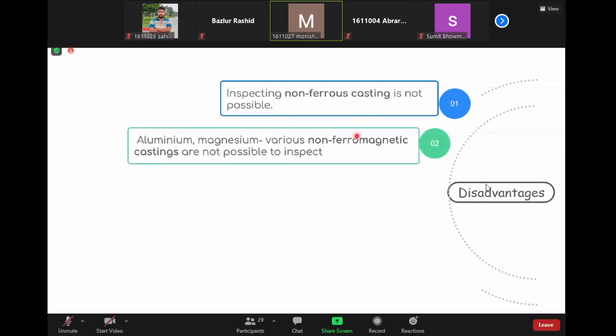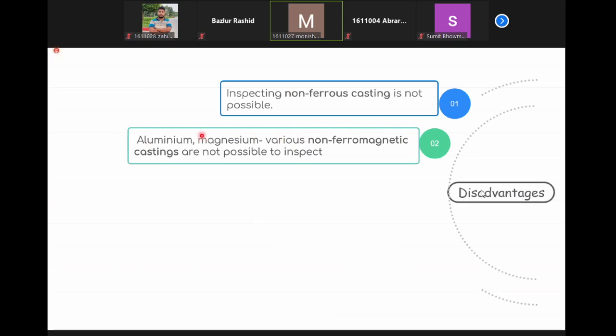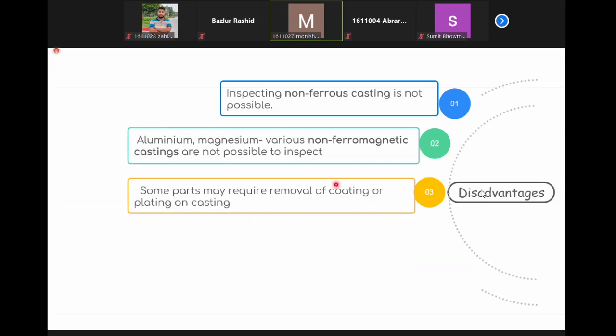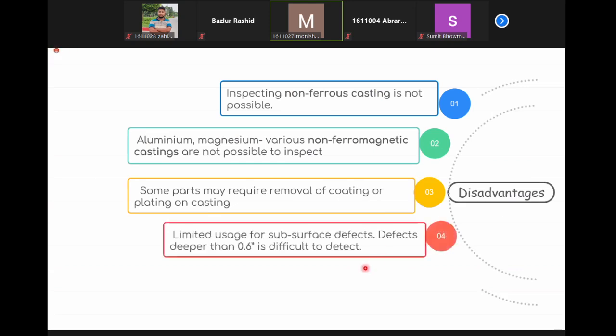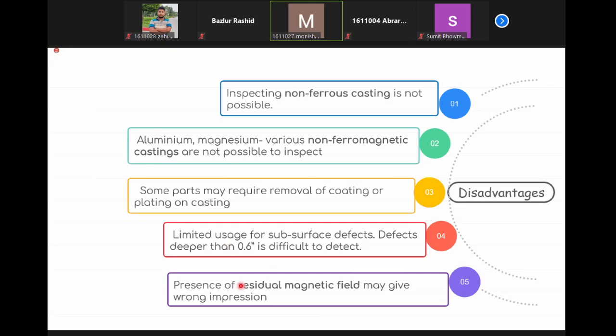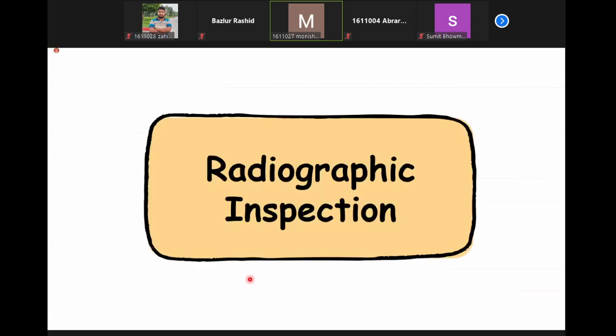This kind of non-ferromagnetic casting is not possible to detect here. Aluminum is also a widely used casting material. Coating or plating on the casting needs to be removed. Subsurface cracks deeper than 0.6 inch from the surface are difficult to detect, and finally the residual magnetic field may give faulty results.